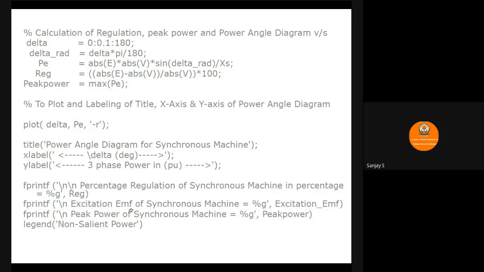Fprintf, excitation EMF of the synchronous machine, percentage g, which is representing an integer, and then fprintf, peak power of synchronous machine. So I am going to print regulation, excitation EMF, and peak power, and finally legend, non-salient power. So already you know about legend, I don't have to speak about it.